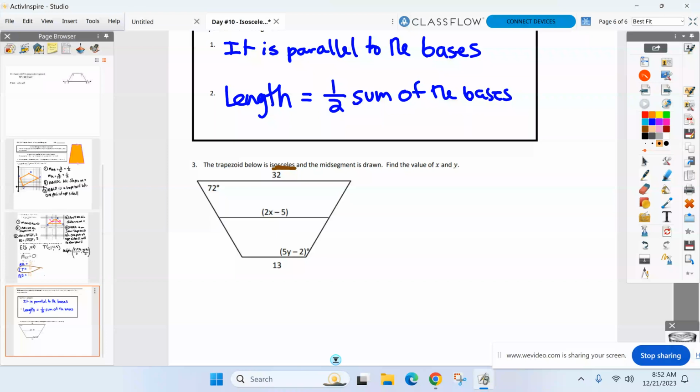These four things are four lengths. Is there an angle rule? If we add 32 and 13 and divide by 2, we set it equal to 2x minus 5.